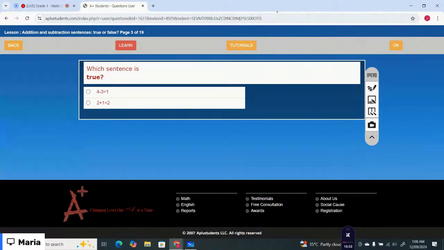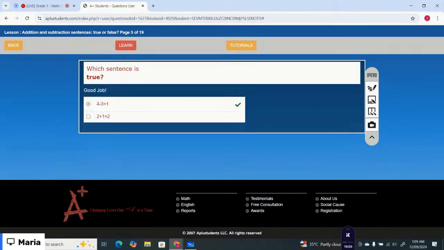Which is the correct option? That is, 4 take away 3 is 1. Option 1 is the correct option, because 2 plus 1 is not 2. So option number 1 is the correct option.